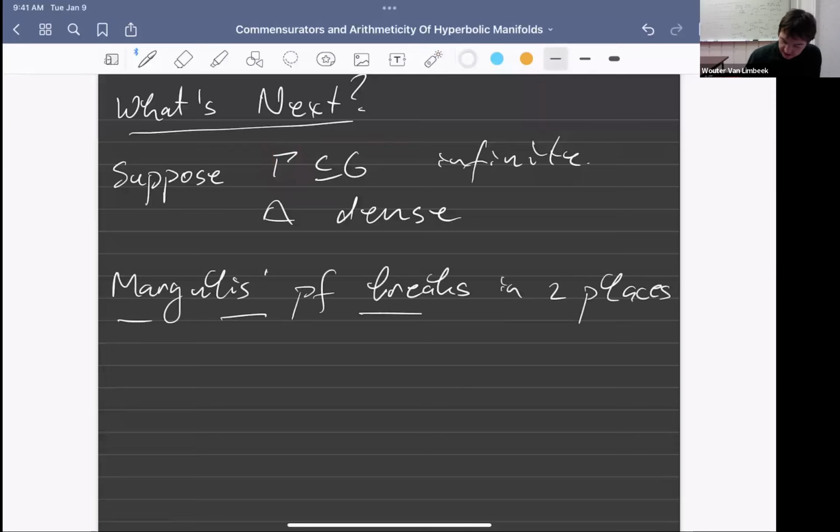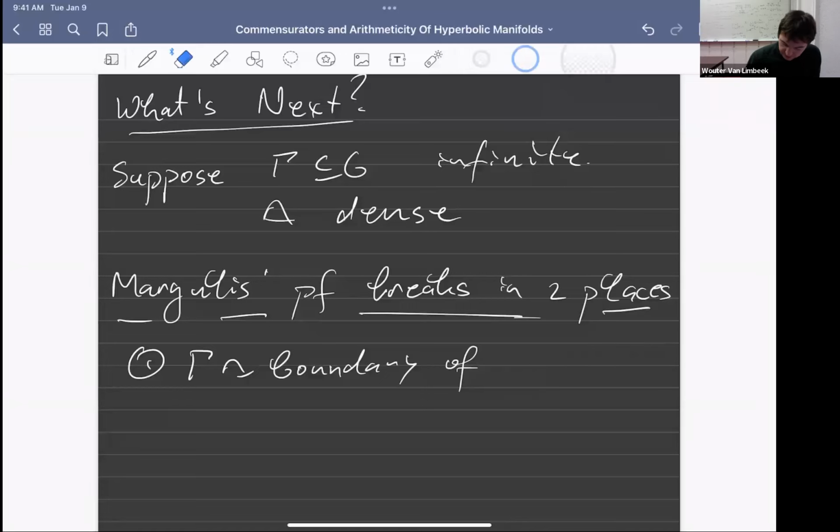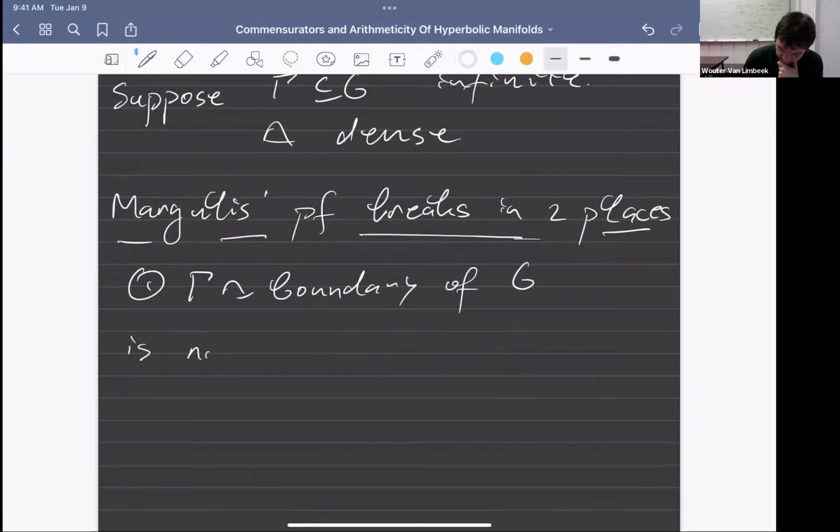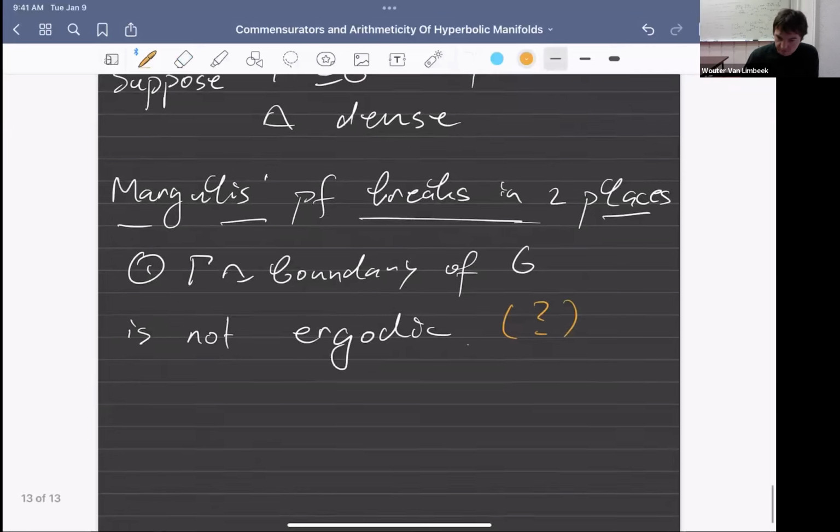The first is that when you study gamma acting on the boundary of the symmetric space of G, it loses ergodicity. So this is something that Margulis used, which holds if gamma is a lattice. Well, at least we don't know if it's ergodic.